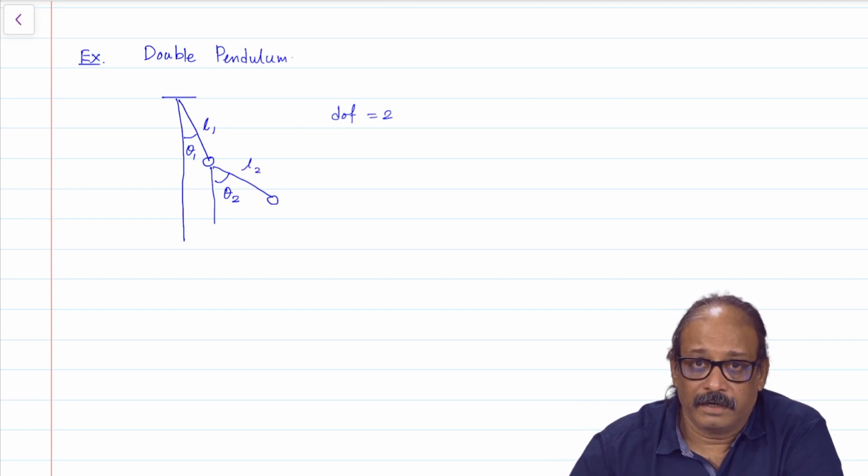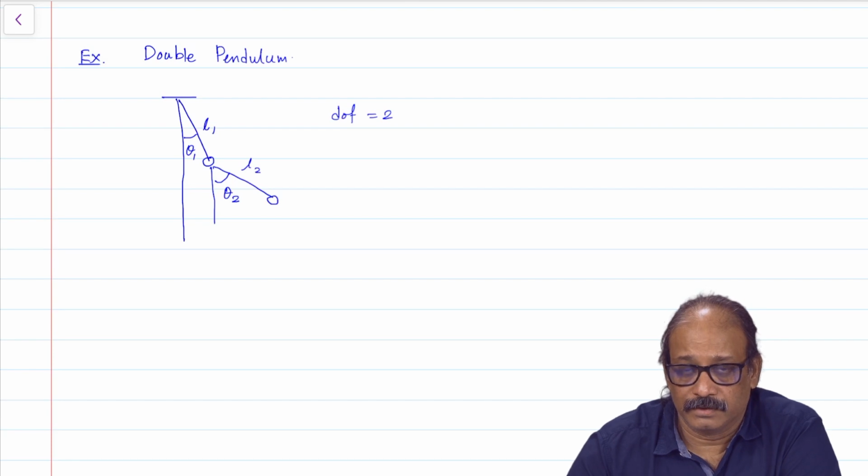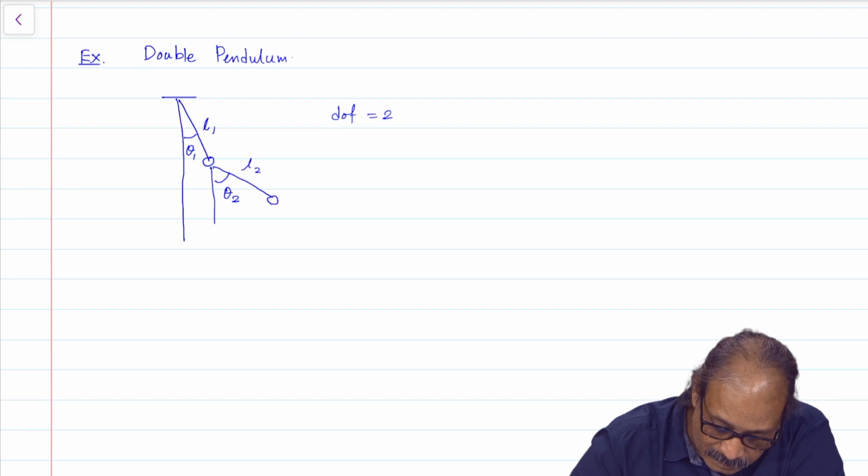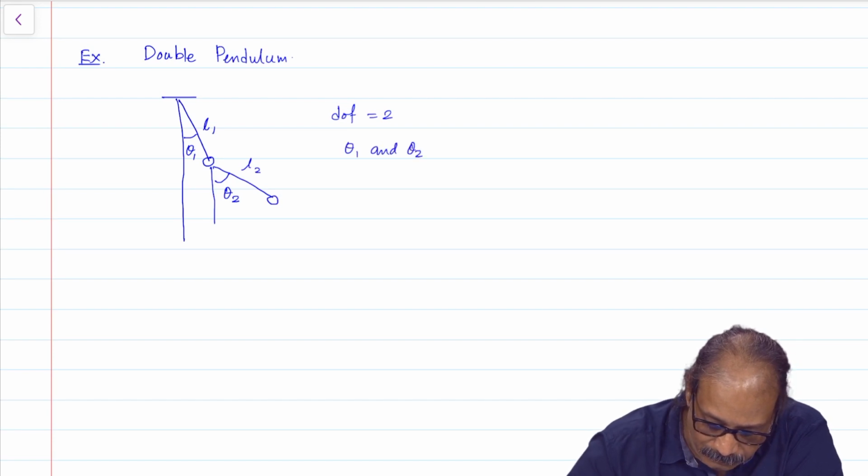So, the coordinates which we will use are theta 1 and theta 2, and we can of course get all the coordinates of the particles from theta 1.